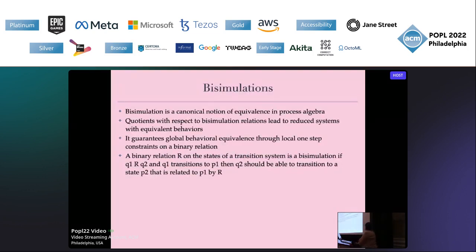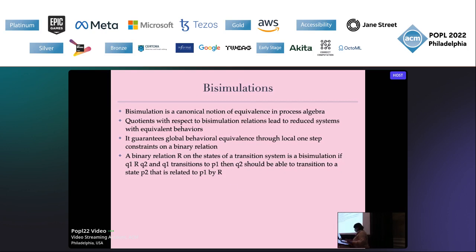So we are all familiar with this concept of bisimulation, which is a notion of equivalence that is used widely in process algebra. And when we take quotients with respect to bisimulation, we get a reduced system which is equivalent to the given system. And we know that bisimulation guarantees global behavioral equivalence by enforcing certain local one-step constraints on the binary relation, which is the bisimulation relation.